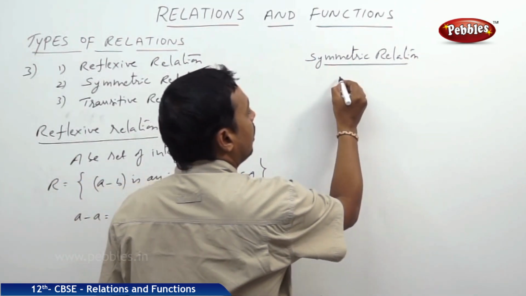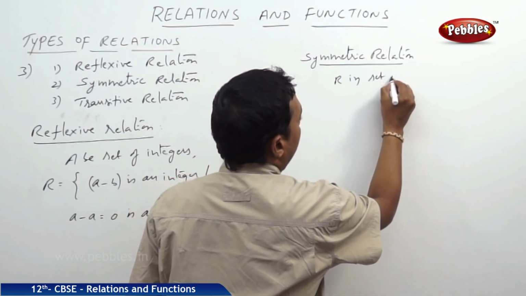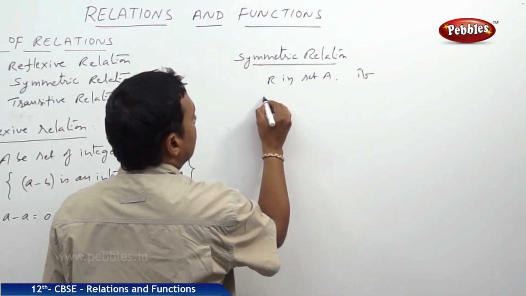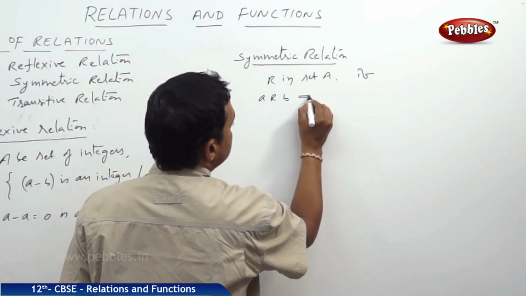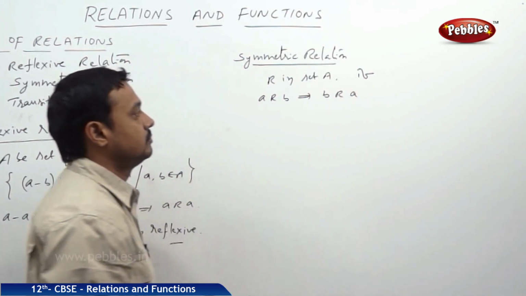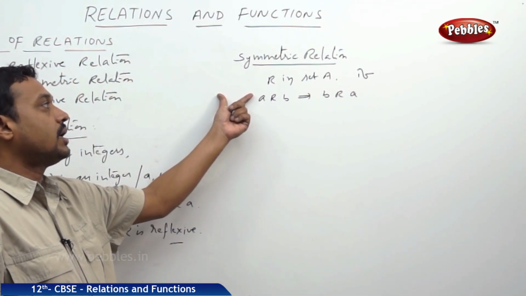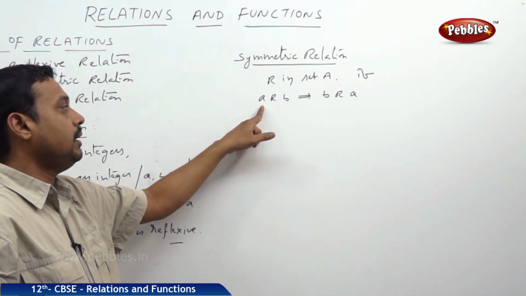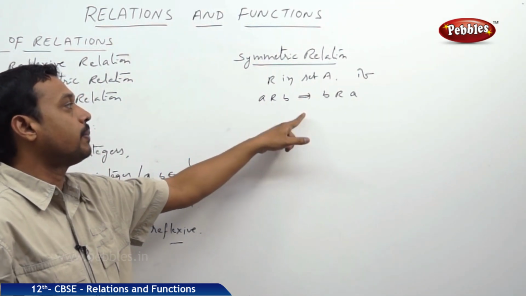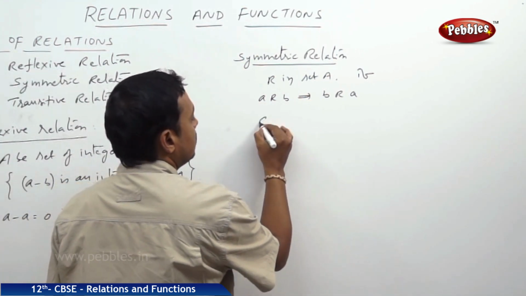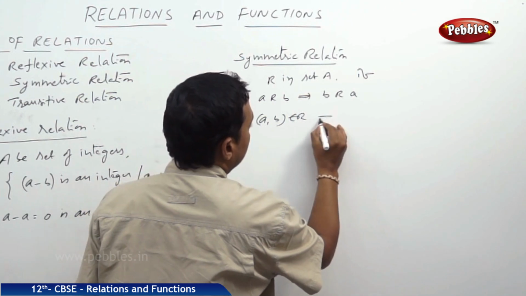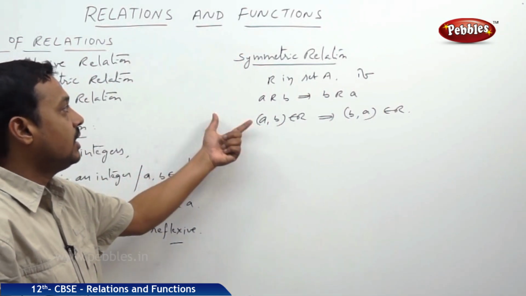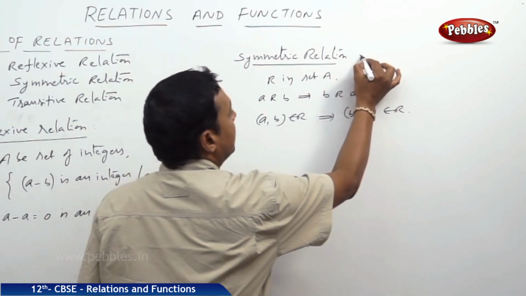A relation R in a non-empty set A is said to be a symmetric relation if A related to B implies B related to A. That means a comma b belongs to R implies b comma a also belongs to the same relation R. Then that relation is known as a symmetric relation.